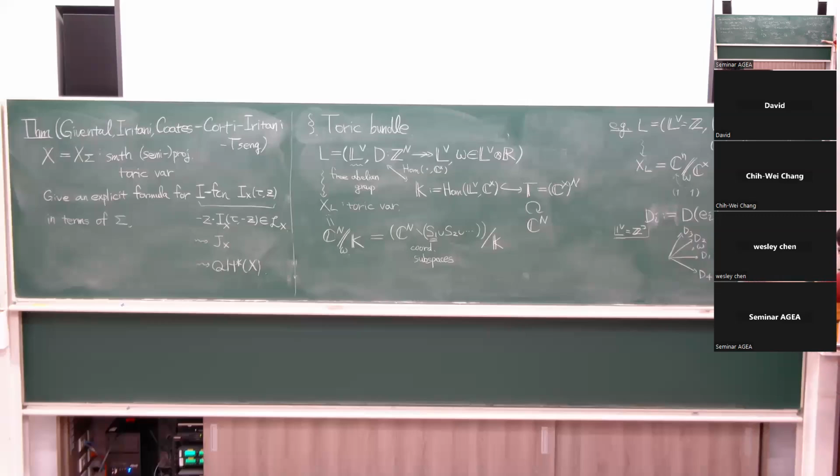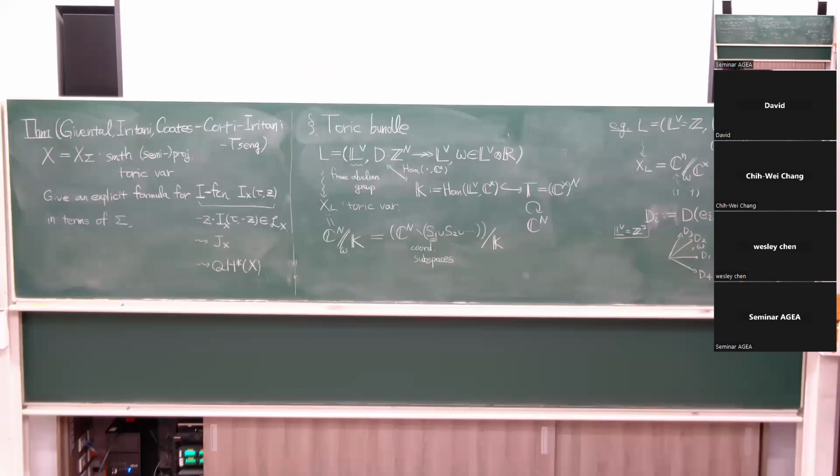If we consider the cone generated by D1 and D4, it doesn't contain omega. Also the cone generated by D2 and D3 doesn't contain omega.